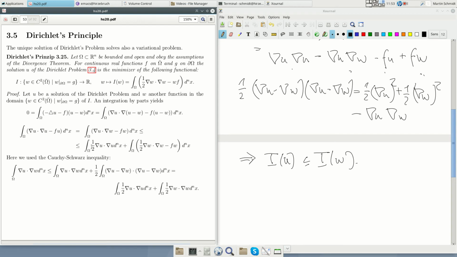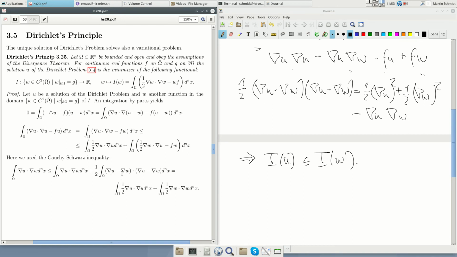By the way, one can use this. Equality can only show up if this expression is 0, and this can only be 0 if this expression is 0.